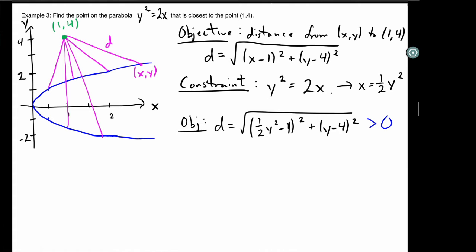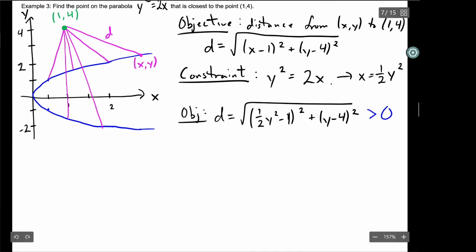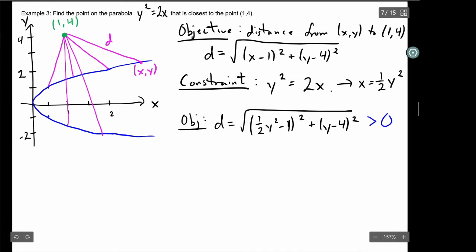Because again, this function is never negative, so when we square it, we can't turn any negative numbers positive. The smallest thing there is still going to be positive.